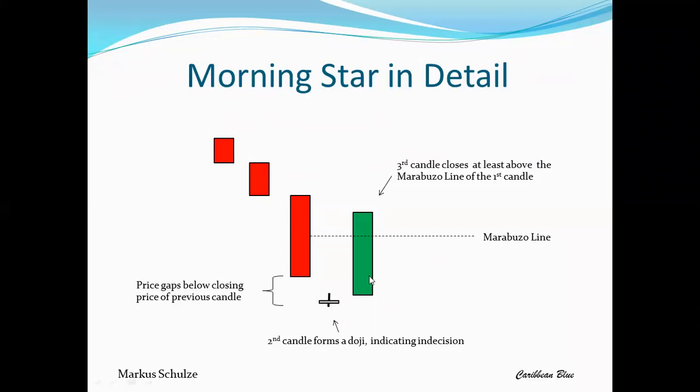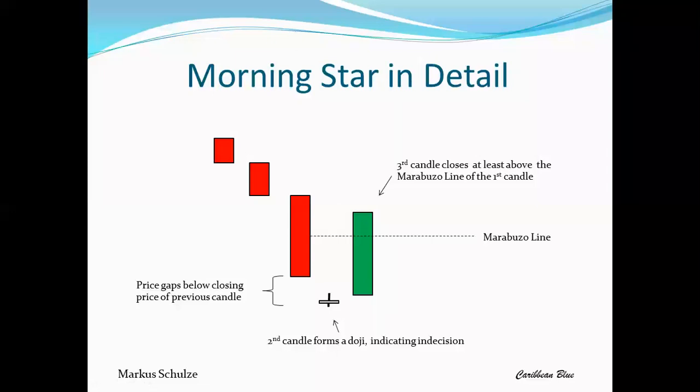Now that we're going into the third candle, for it to be a valid morning star pattern, it has to be almost an equally strong bullish impulse, a bullish candle. And what we're looking at here in particular is that the bullish candle closes above the Marabuzo line. Now, what is the Marabuzo line?